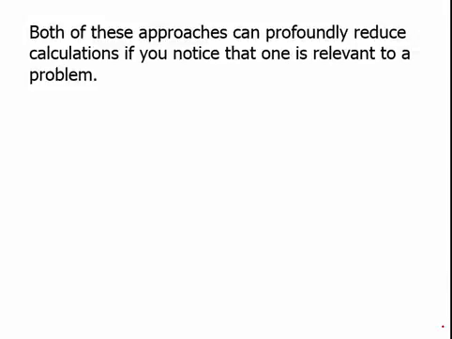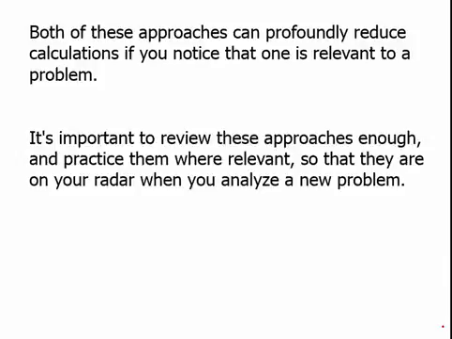Both of these approaches can profoundly reduce calculations if you notice that one is relevant to a problem. It's important to review these approaches enough and practice them when they are relevant so that they are on your radar when you analyze a new problem.